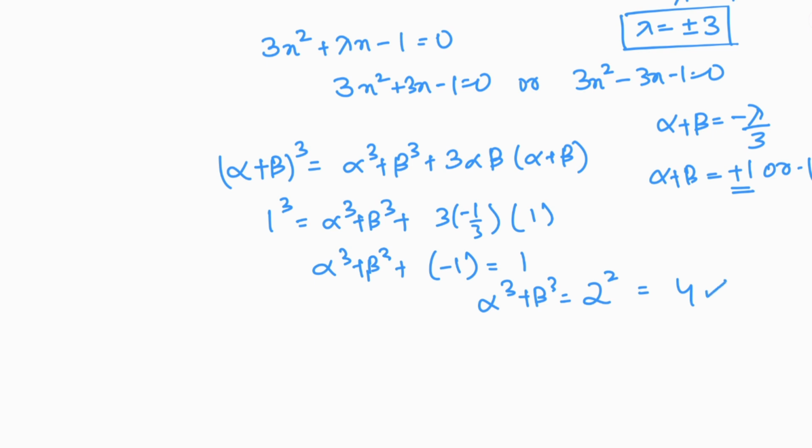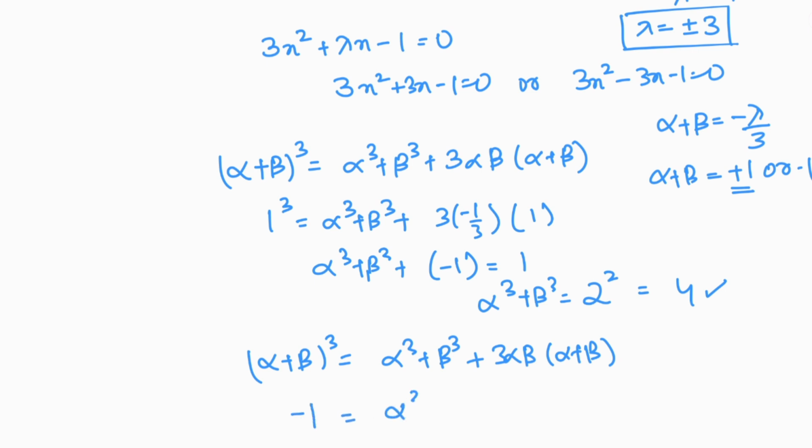Now let's check by putting it minus 1. So we have (alpha plus beta) whole cube as alpha cube plus beta cube plus 3 alpha beta into (alpha plus beta). And if we put the value of alpha plus beta as minus 1, we'll get minus 1 is equal to alpha cube plus beta cube plus 3 into minus 1 by 3 into minus 1.